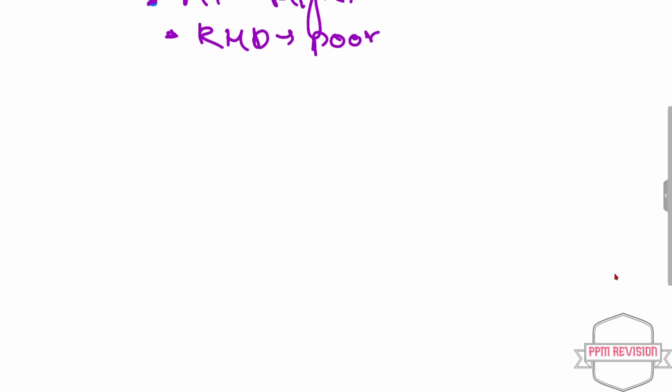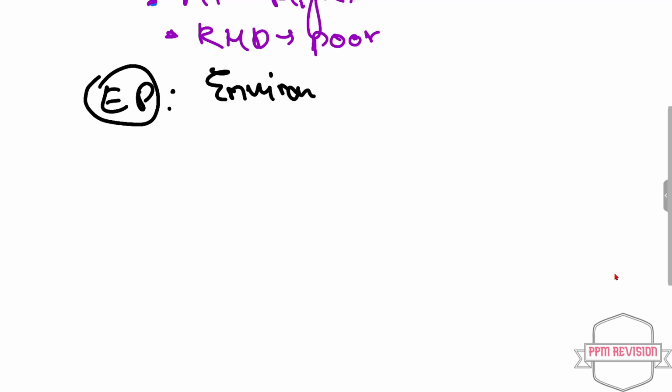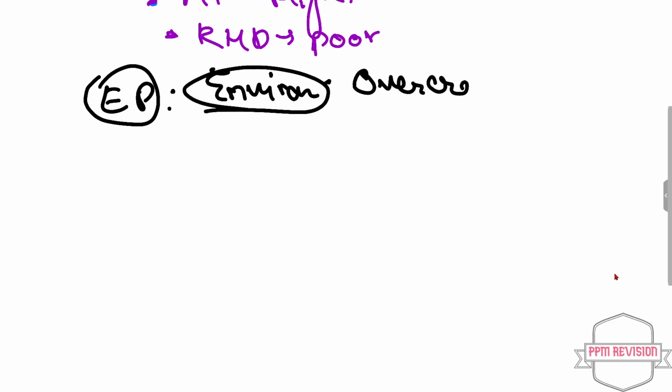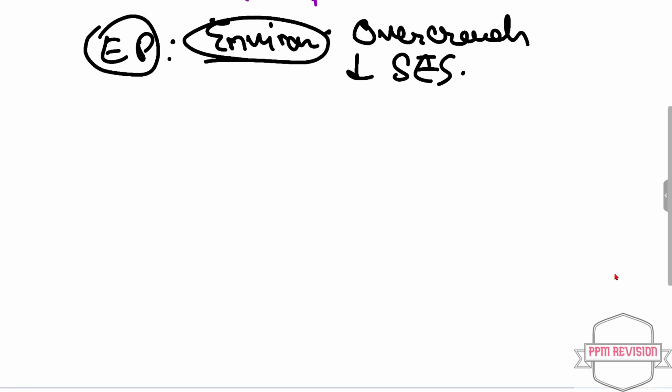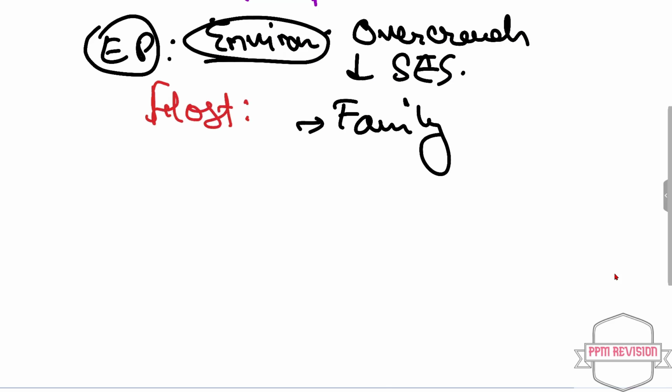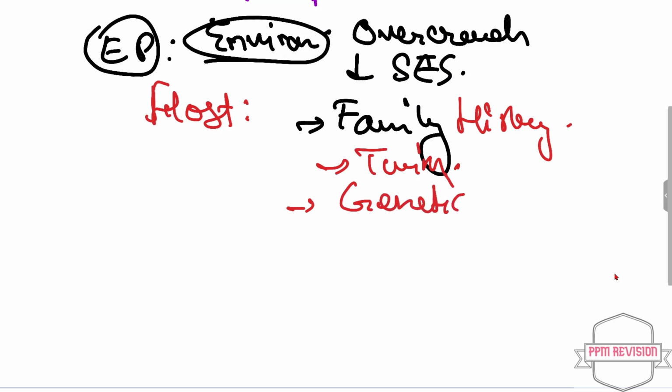And looking at the common etiopathogenesis, here there can be environmental factors such as overcrowding as well as poor socioeconomic status as mentioned, and you can have family history. These all come under host factors such as family history, as in the case of twins, and also genetic factors.